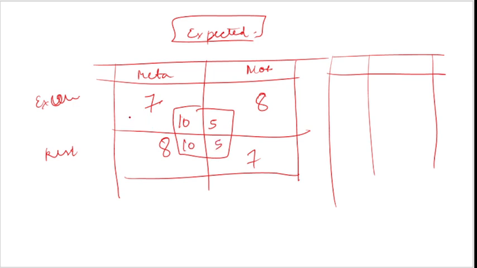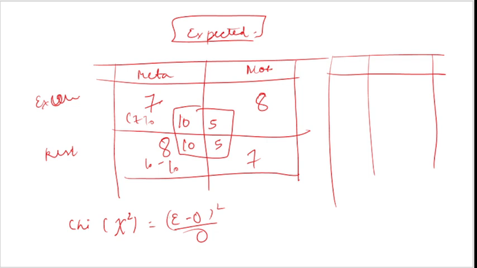So now we will have to deduct: 7 minus 10, 10 minus this. So in the chi-square test, which is also denoted by this particular sign, we deduct our expected score from our observed score and so on. I think that is the formula. Is it observed minus expected?